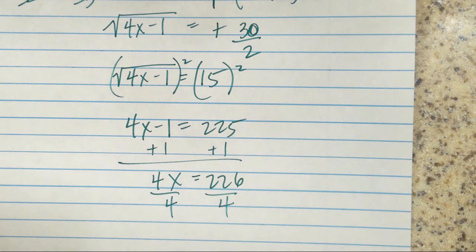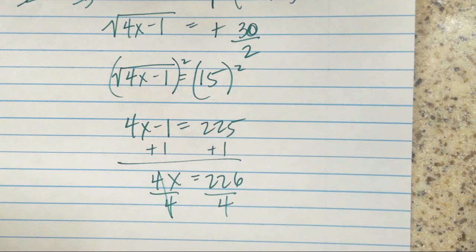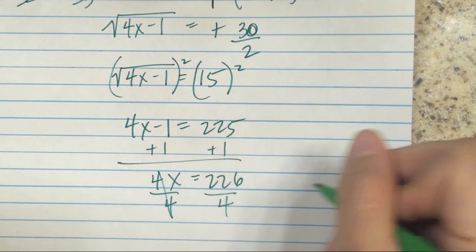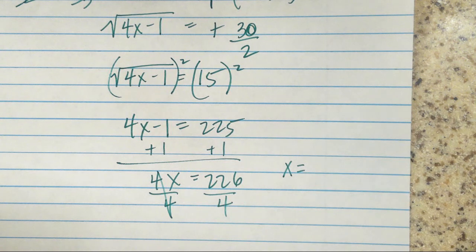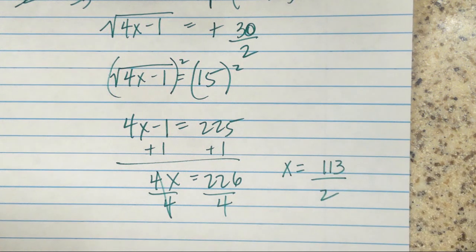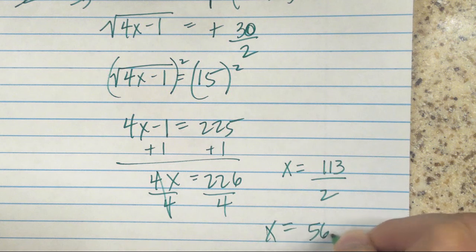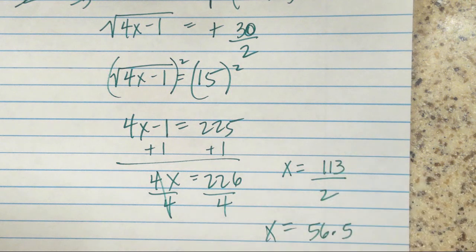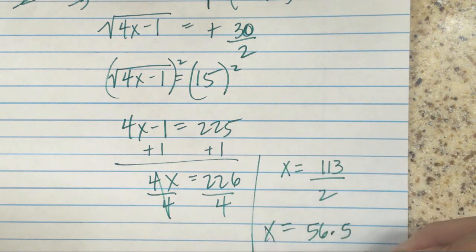And then I'm going to divide by 4 to get x by itself. So 226 divided by 4 gives me, let me see, half of 226 is 113, and half of 4 is 2, or you could give it to me in a decimal, so you could get 56.5. So either answer is correct.